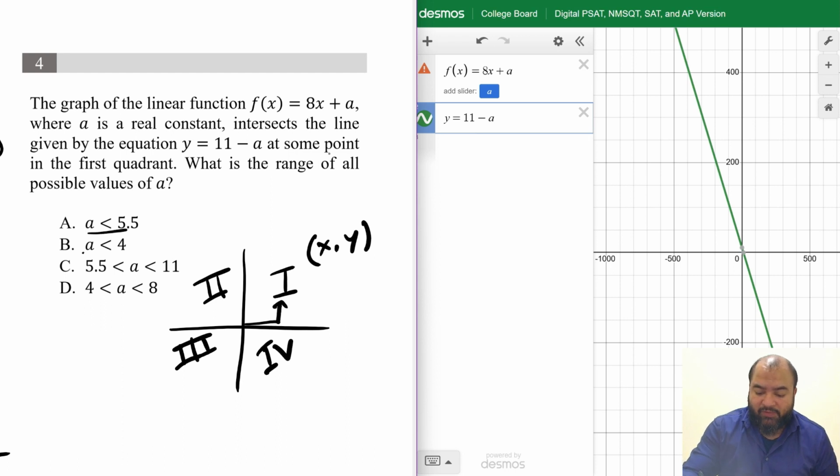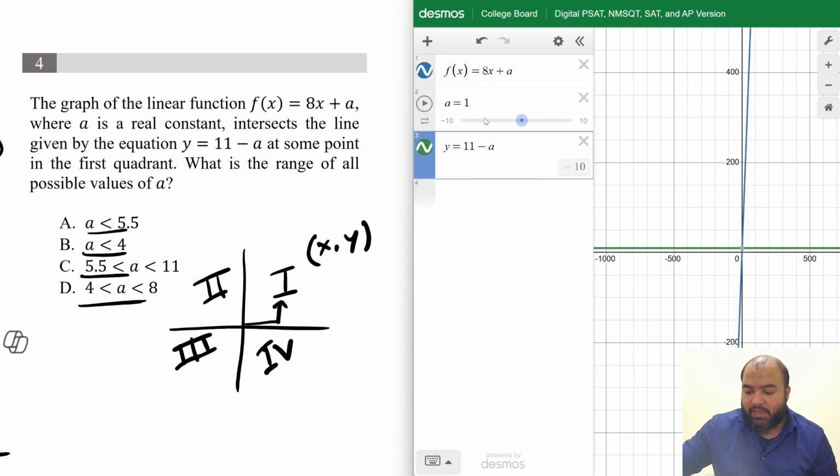Now let's try out the values, the options they gave us. So we can use the slider. Say here. So first one said a less than 5.5. So 5.5 is here. Okay, so if I'm here, the point here is 0 comma 5.5.